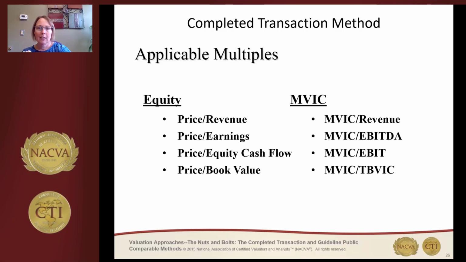You also could get completed transaction information from actual sales, if you know of companies that have sold, but those are less common and less easy. We'll talk about the databases. There are different databases. Some are better for certain valuations and not for others. They each have their place.